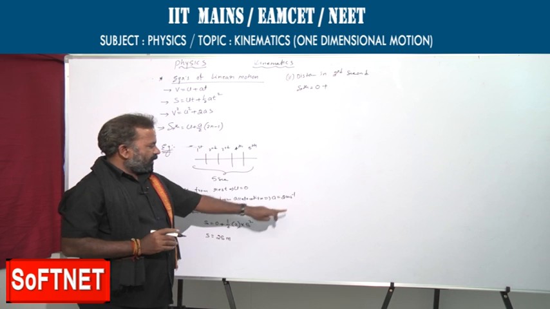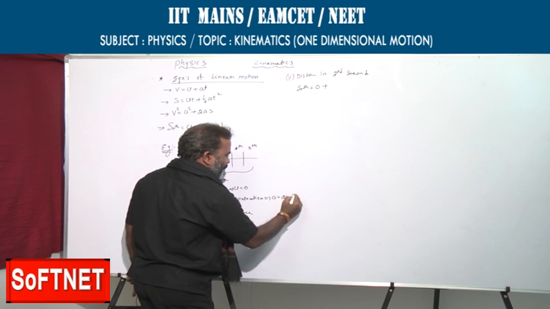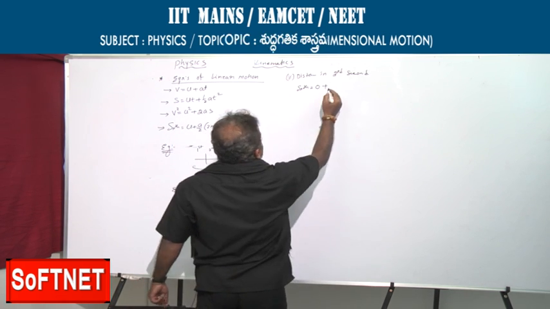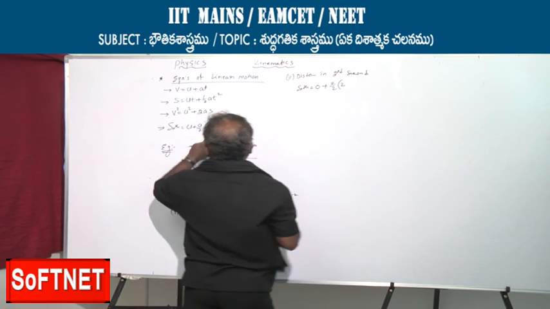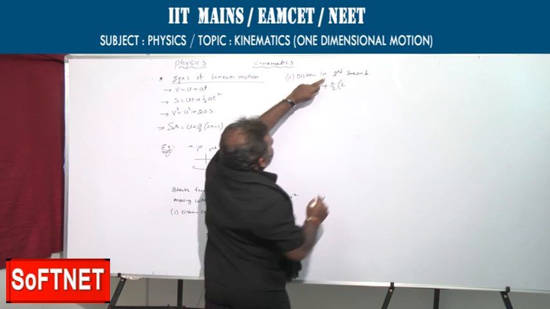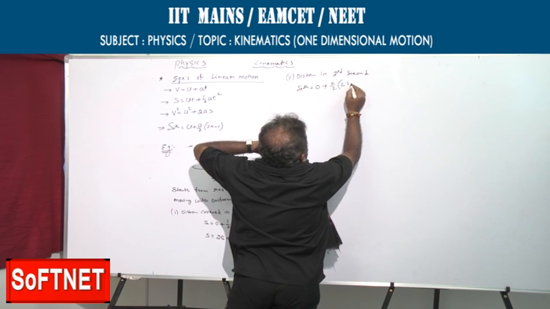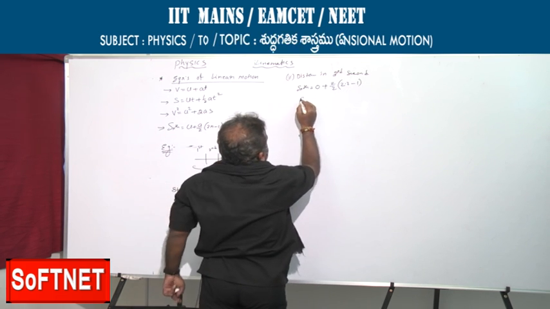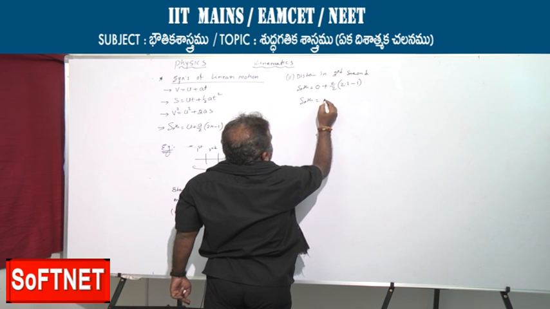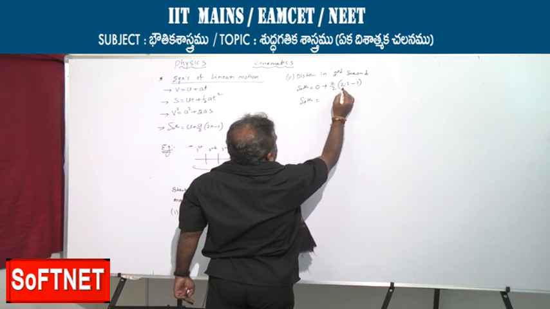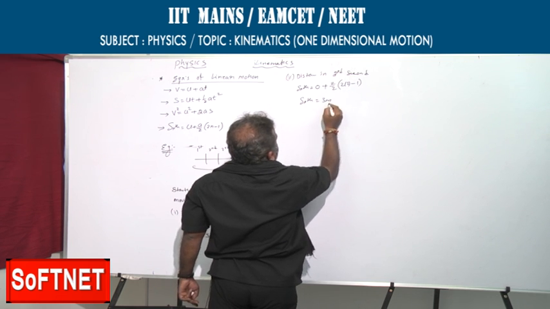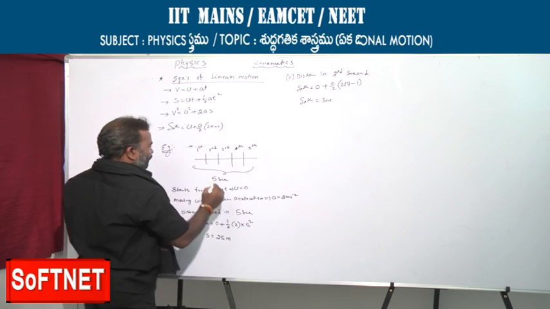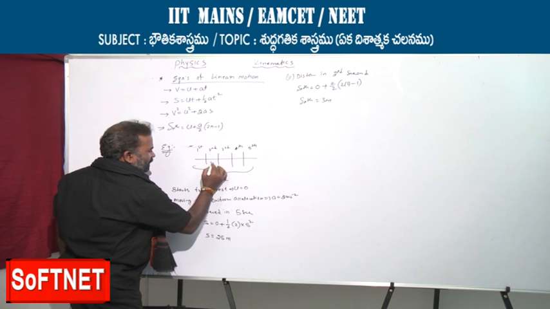Acceleration is 2 meters per second square. So it is 2 by 2 into 2n, which second we require? Second minus 1. So nth equals 2 by 2 is 1. So 2 into 2 is 4, 4 minus 1 is 3 meters. So it has covered 3 meters in second.